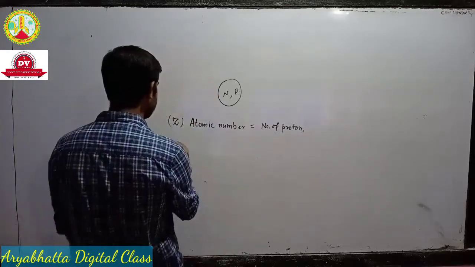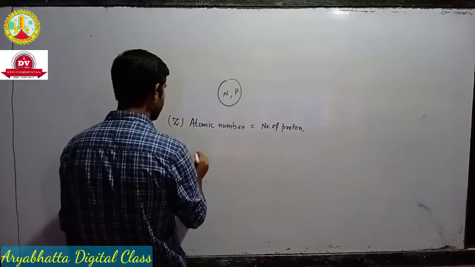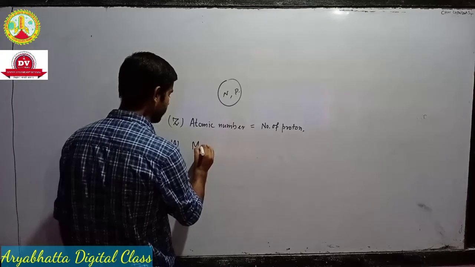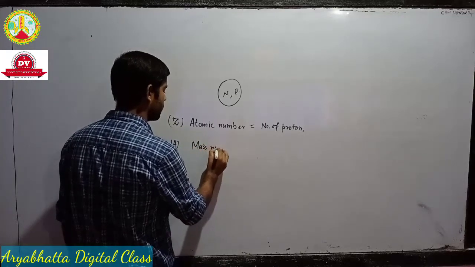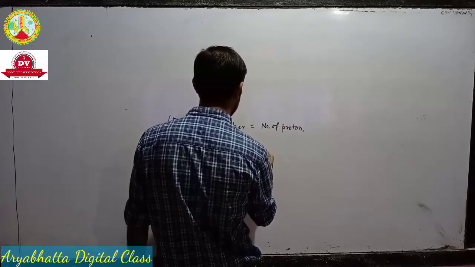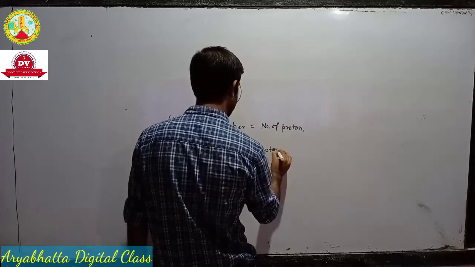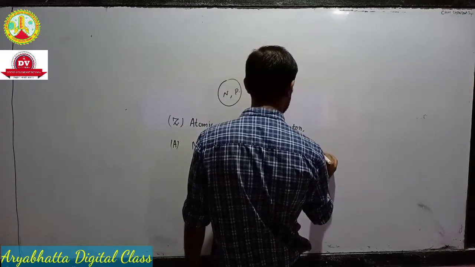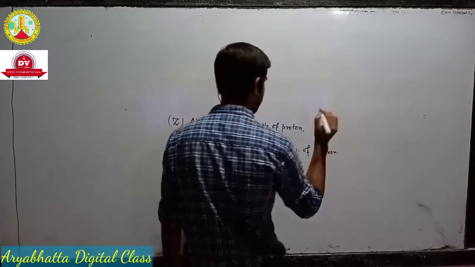Now we have a notation capital A, and this is called mass number. Mass number is the number of protons plus the number of neutrons.